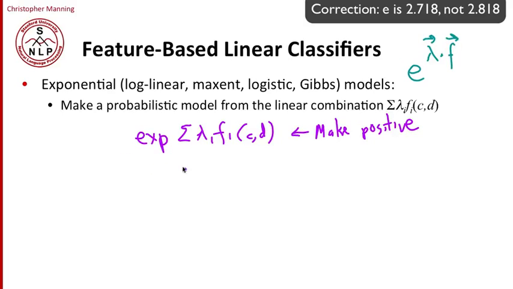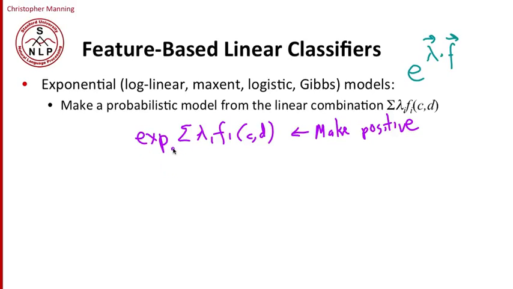Okay, so now we've got something that's a positive quantity, but it's not necessarily a probability. So we're going to make it a probability in the simplest way possible too, which is to normalize it. So this is some kind of score for one class, and so then what we can do is work out the score for every class and divide through by it.